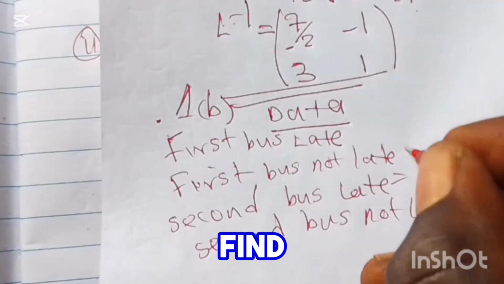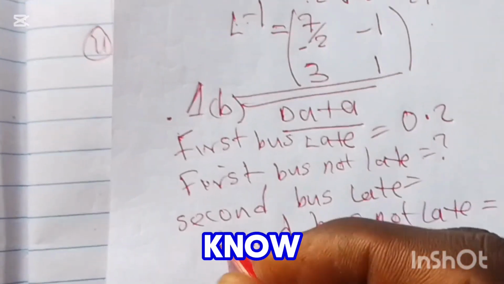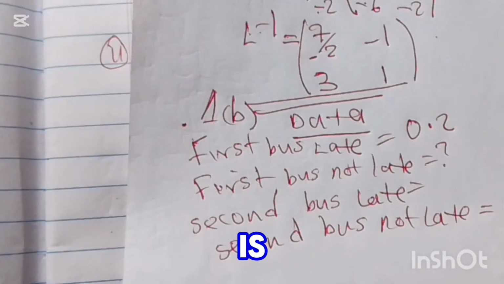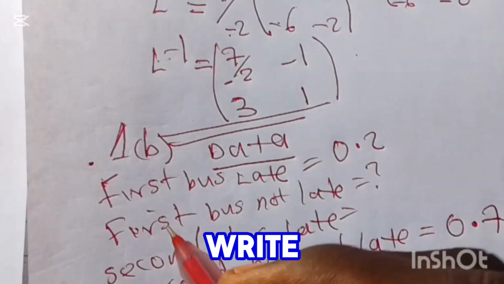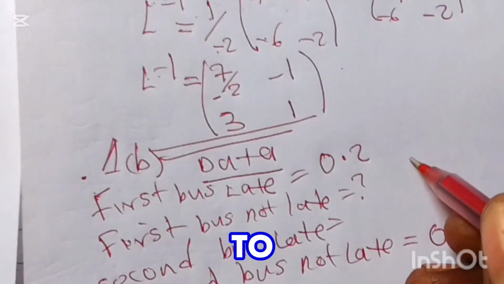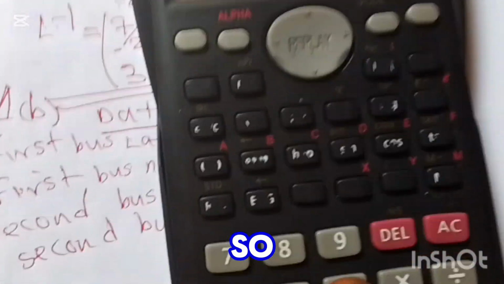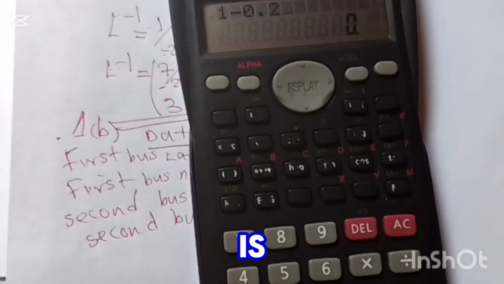So we need to find it. We have been given the first bus late, which is 0.2, and the first bus not late we don't know. Second bus late we haven't been given, and we have been given second bus not late, which is 0.7. So the probability of first bus not late is equal to 1 subtracted by 0.2, which is 0.8.